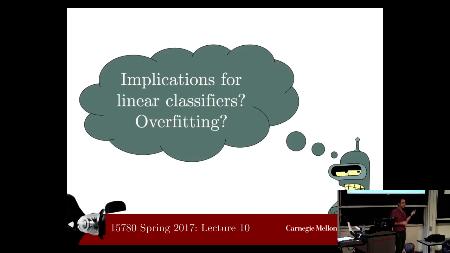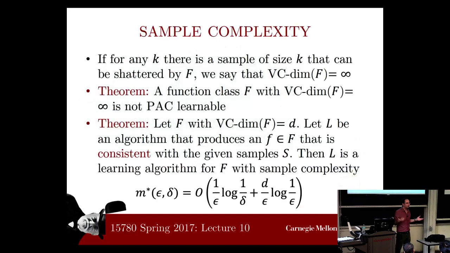Another thing to note is overfitting. Zico spent half an hour talking about overfitting, and things like if we take a 50th degree polynomial, it could look really great, fit our examples really well, but generalize really badly. And the theorem we just stated said, all you need to do is be consistent on your examples. So again, this would seem to be a contradiction, but one reason for this is that we're assuming that our target function is in our function class.